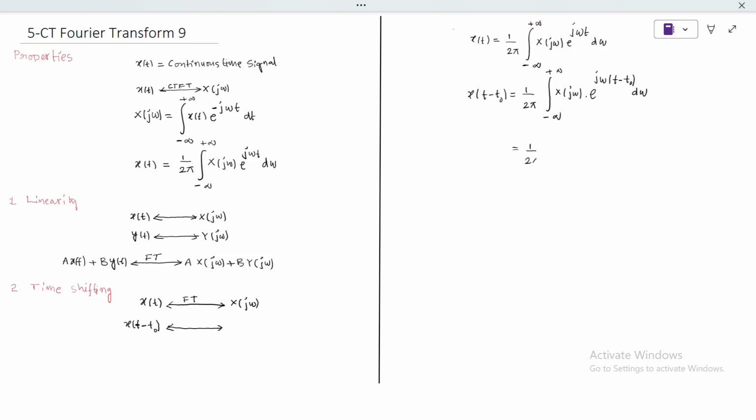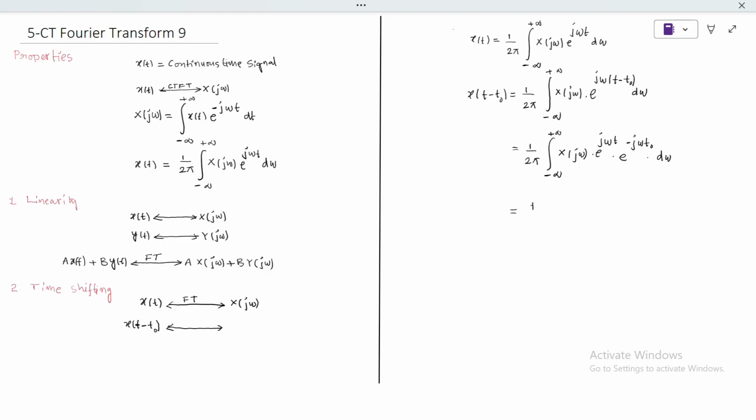So 1 by 2 pi, integral from minus infinity to plus infinity of x of j omega e power j omega t. You should write a formula similar to this one. So e power j omega t into e power minus j omega t naught into d omega.